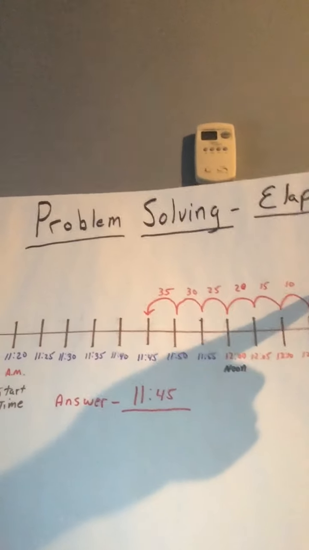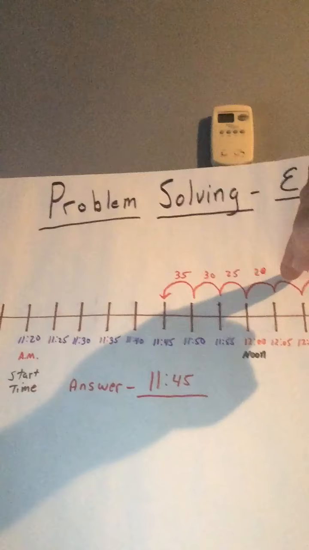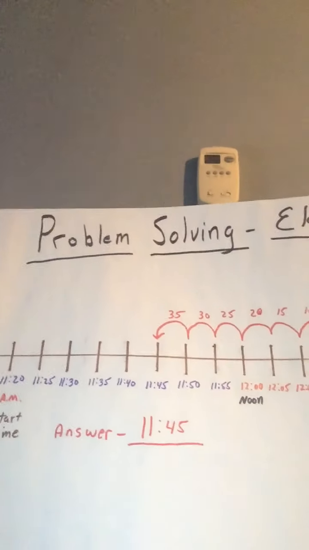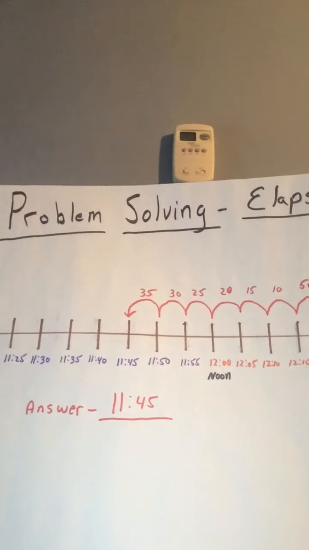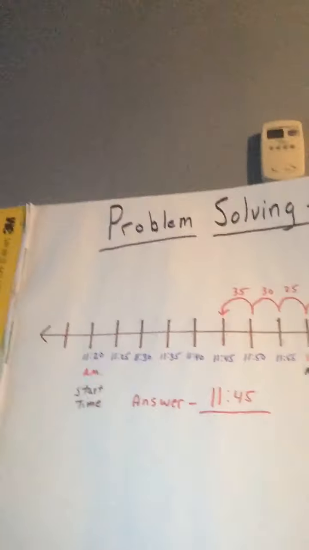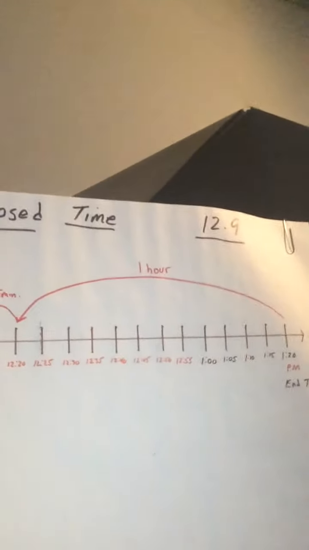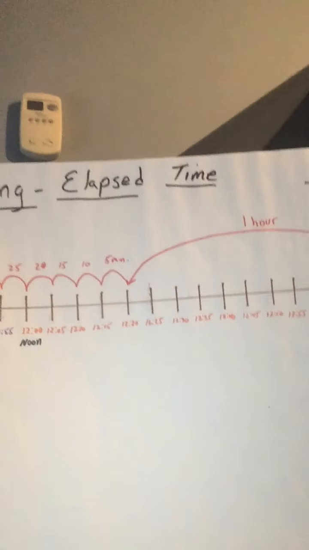Then we go 5 minutes to 12:15, 10 minutes to 12:10, and so on until we hit 35 minutes. And if you notice, 35 minutes ends at 11:45. So what time did they begin? They started doing their yard work at 11:45 a.m., okay? And then they finished at 1:20 p.m., and that was 1 hour and 35 minutes of elapsed time.